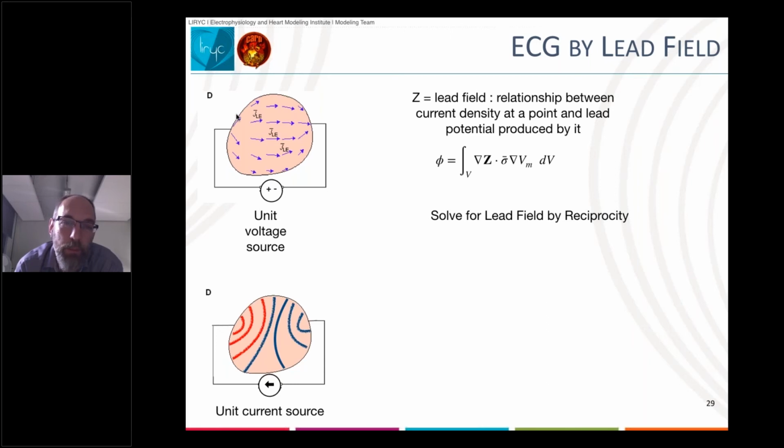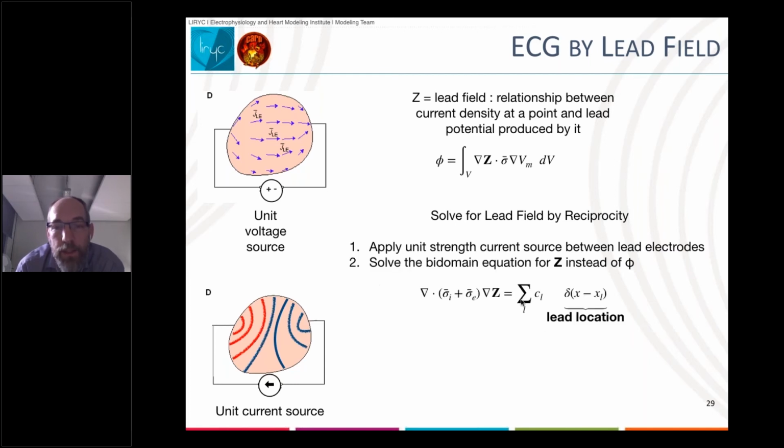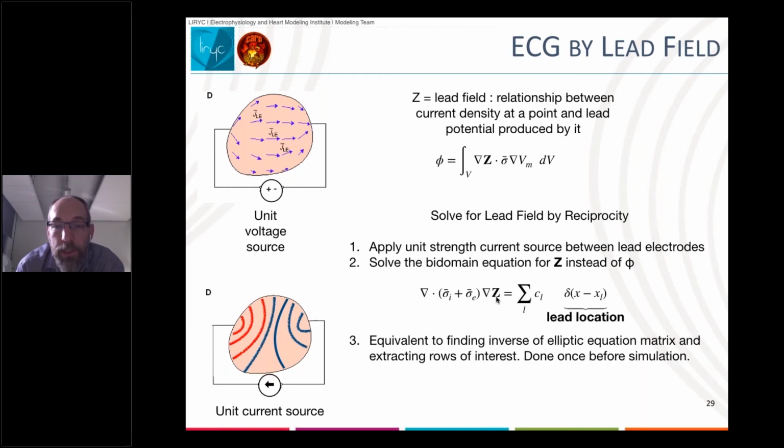The membrane is nonlinear, but the conductivities are all linear. So because it's just an impedance, if we apply a voltage source and measure current, we can do the opposite and apply a current source and measure the voltage. And if we do that, we solve for this potential, and that potential turns out to be the field that we want, Z.